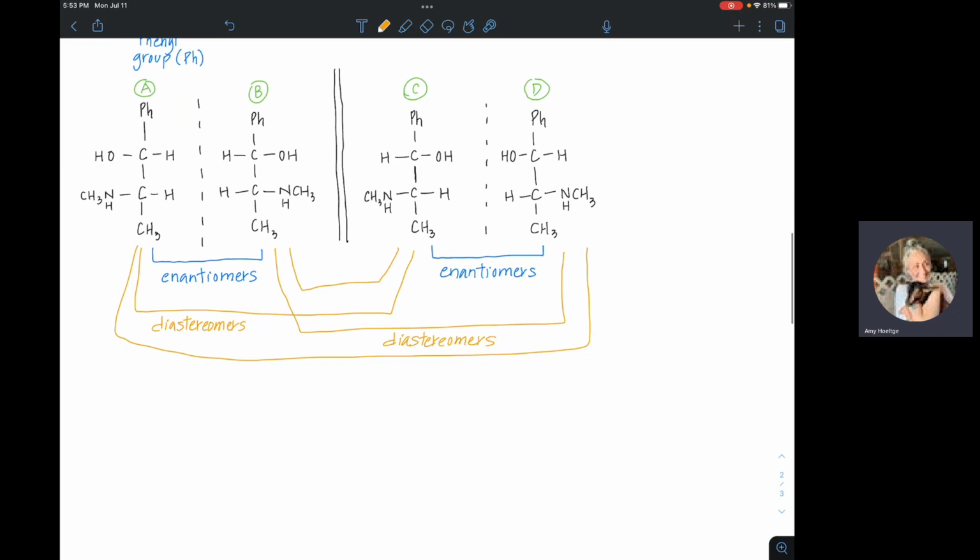So let me write that out down here because that looks more confusing than it should be. So A and C and A and D, and then B and C, and then B and D. These are diastereomers.